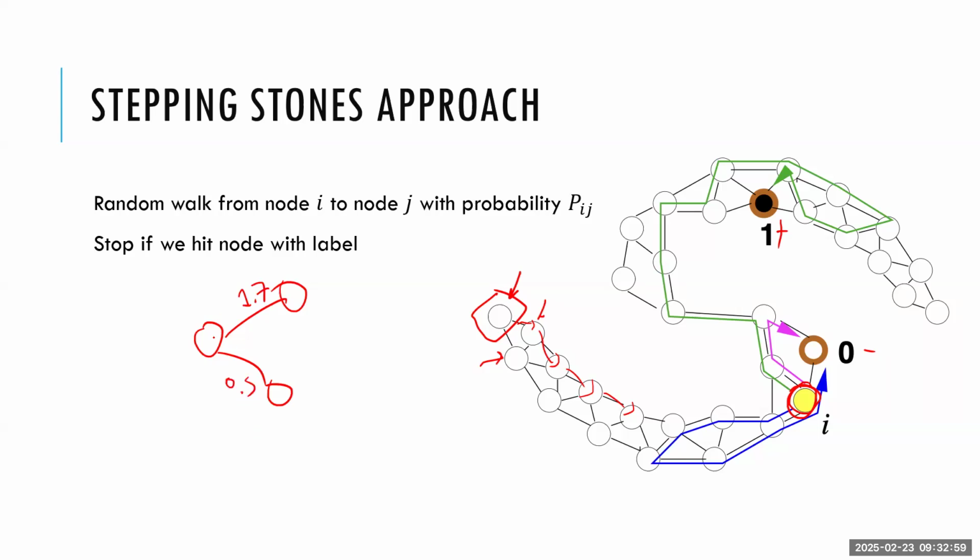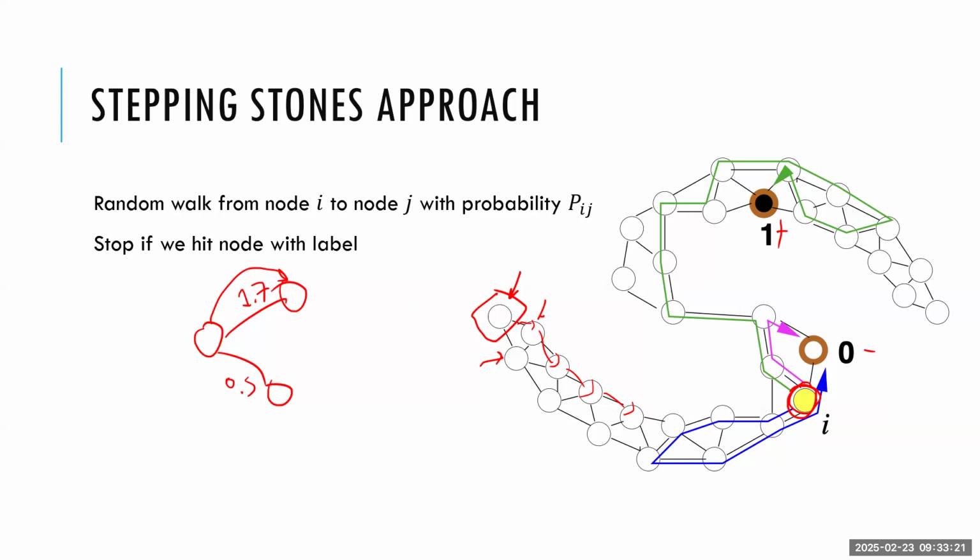When you take a random step, you go to this point more often than the point with lower weight. So you use the weight to define the probability of going to the next point, and you keep doing this.